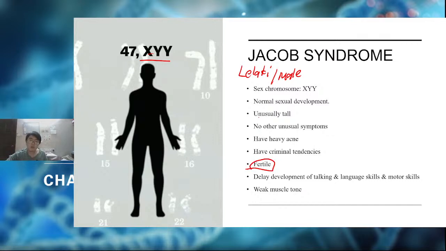But the people for this are unusually tall. Dia sangat tinggi punya. But normally this kind of people dia tak ada simptom yang sangat berbeza punya compared to other syndrome and have heavy age.